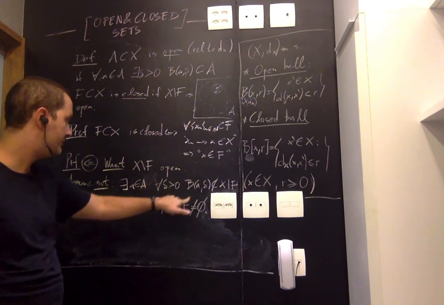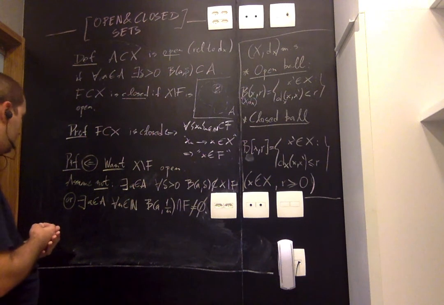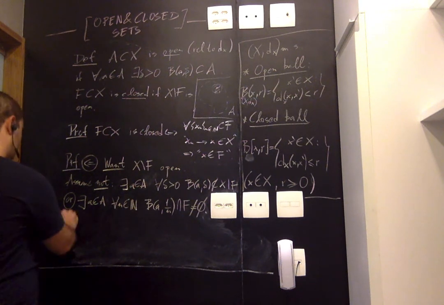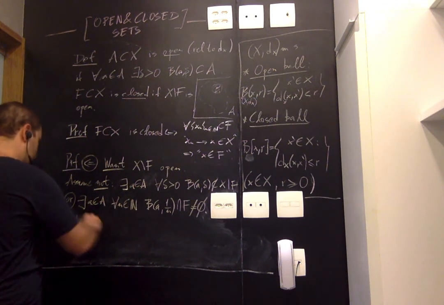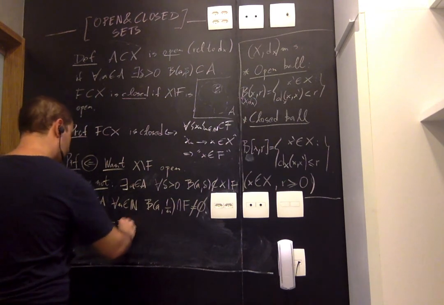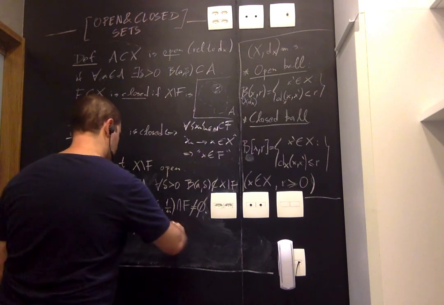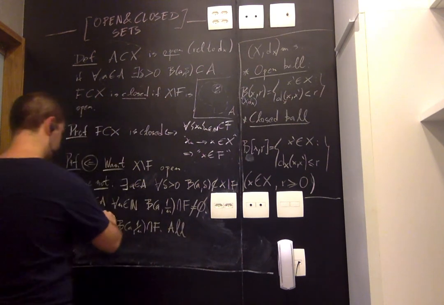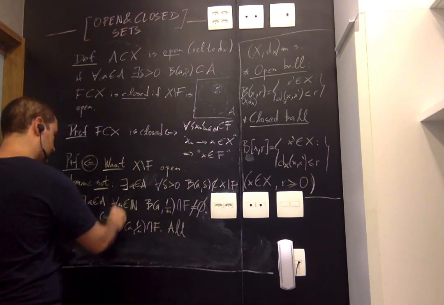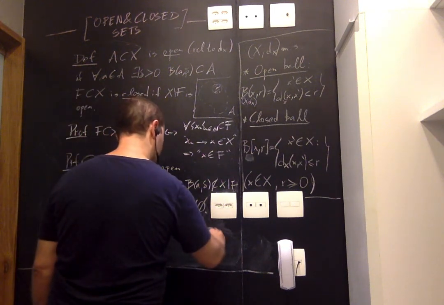Because for any positive delta, I have a non-empty intersection. Now take x sub n to be some point in here, for each n. All the x sub n belong to f.